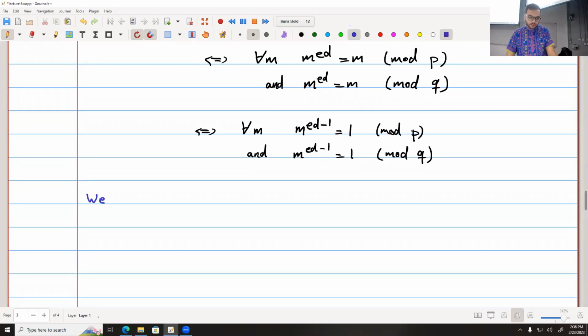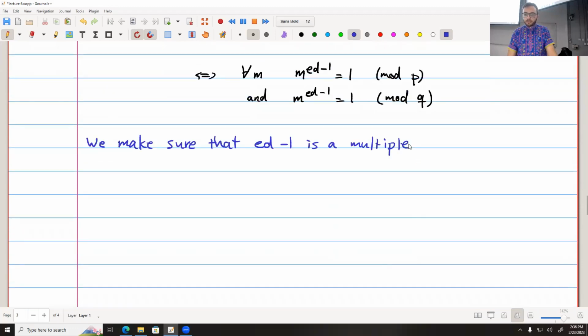We need, or we don't need to, but okay, this is what we do. It's sufficient. We make sure that our power, ED minus 1, is a multiple of both numbers, of both p minus 1 and q minus 1. Okay. What does it mean to say that a number is a multiple of two other numbers? Well, it has to be a multiple of their least common multiple, right?